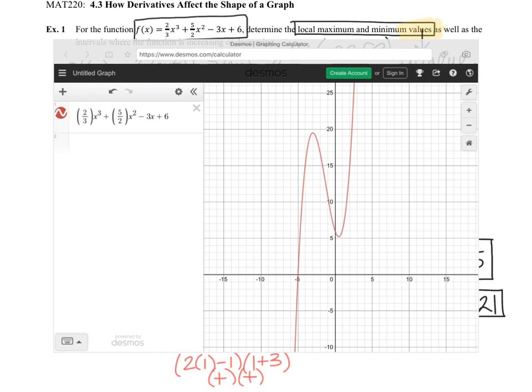So we said that the graph was increasing from -infinity to -3. So sure enough, if we look at this cubic curve, it's increasing here from -infinity, and it does indeed look like this point here, that maximum there, is occurring at -3.